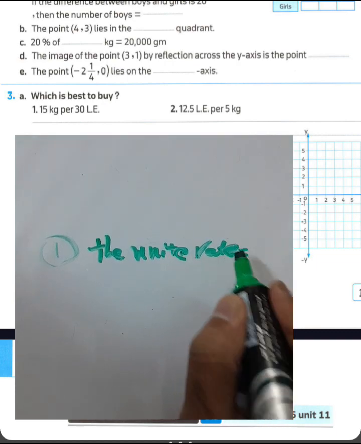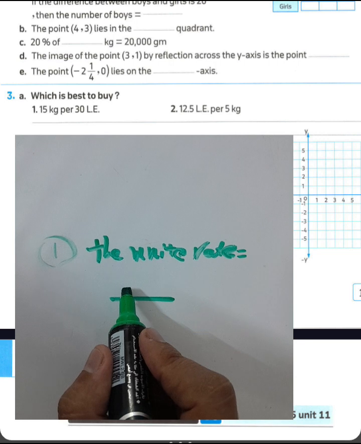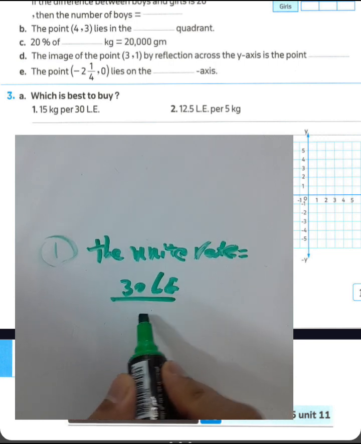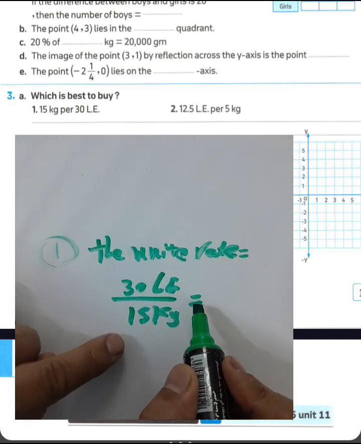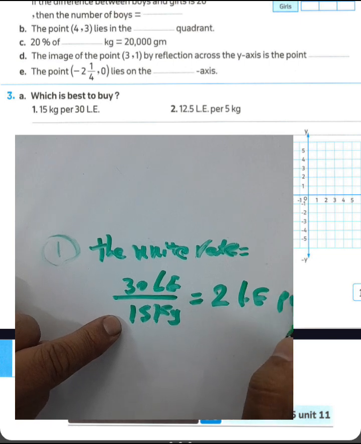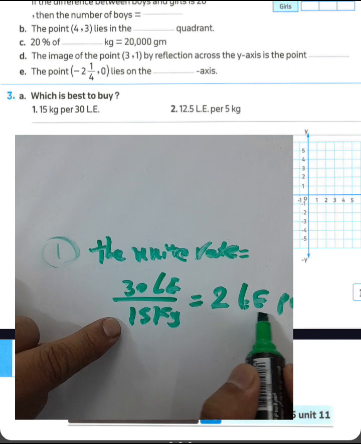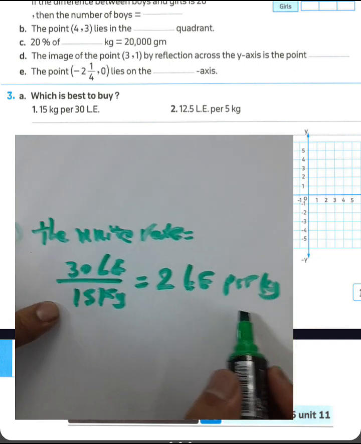It will be what? 15 kilogram divided by 30 lira. Then you can write 30 Egyptian lira over 15 kilogram. It will be 30 divided by 15. It will be 2 Egyptian lira per kilogram.